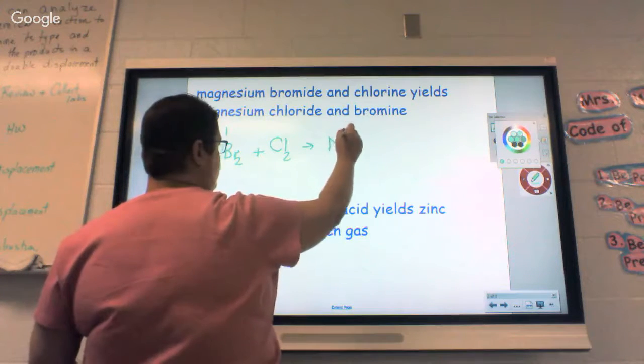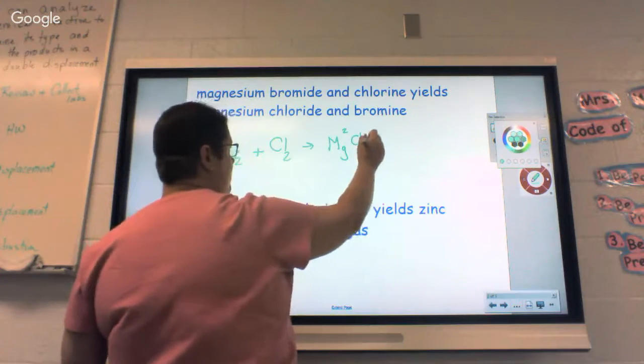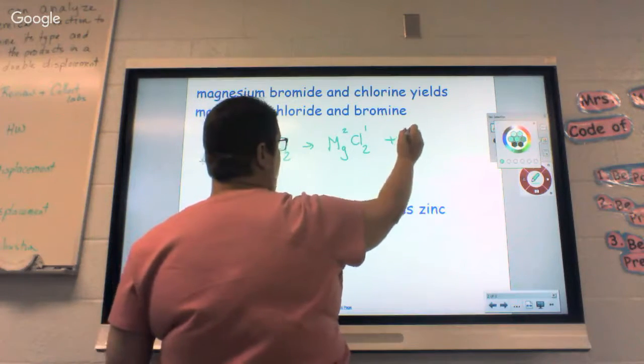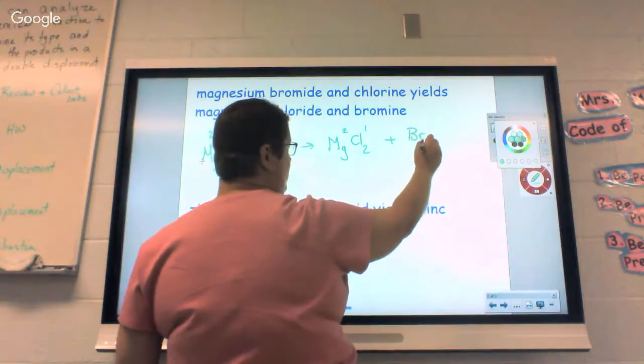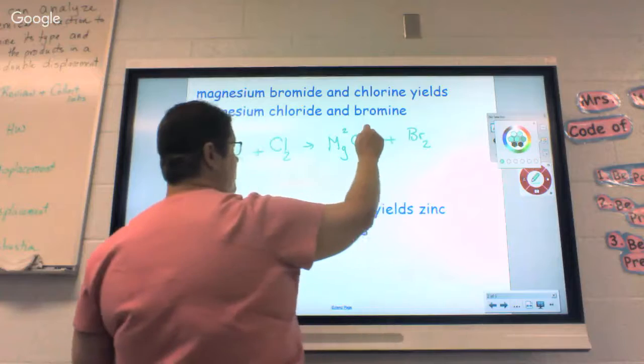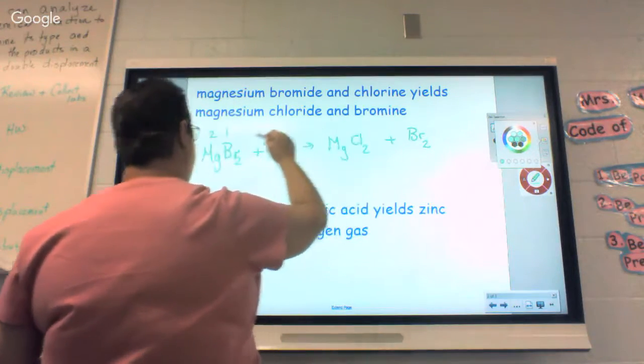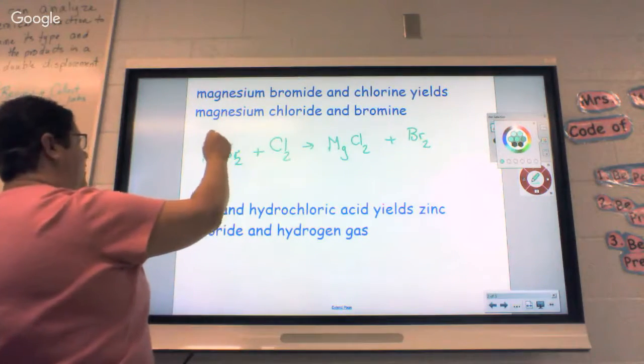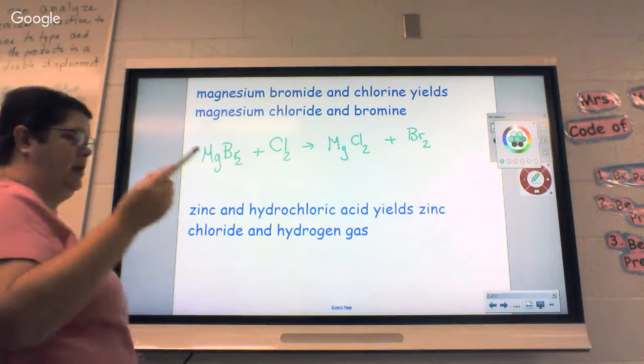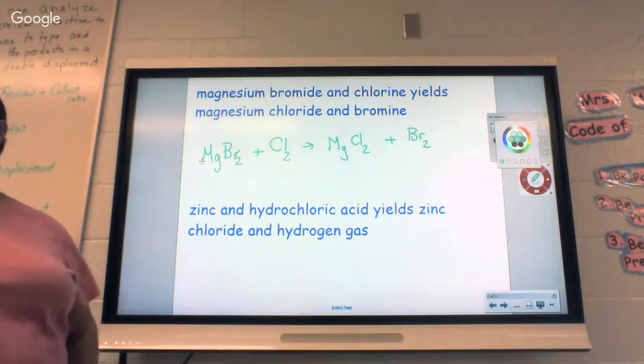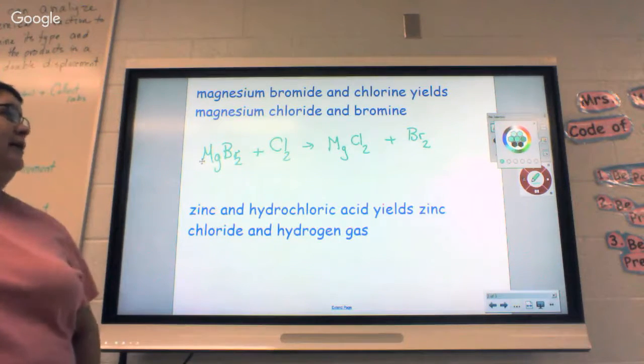So we're going to crisscross. And then bromine is an element by itself. It's one of the 7. It gets a 2. So if I take out those oxidation numbers I used, when I finish, what do I notice about the equation? It's already balanced, so I'm not going to write in anything. It is completely finished. Okay?